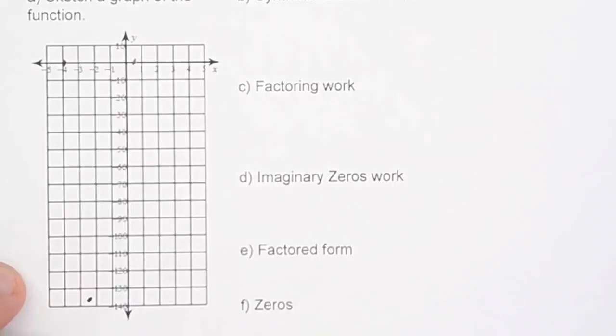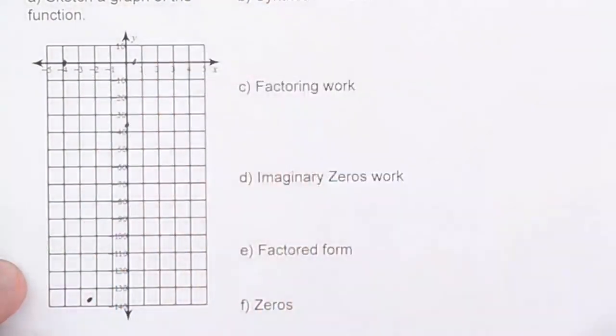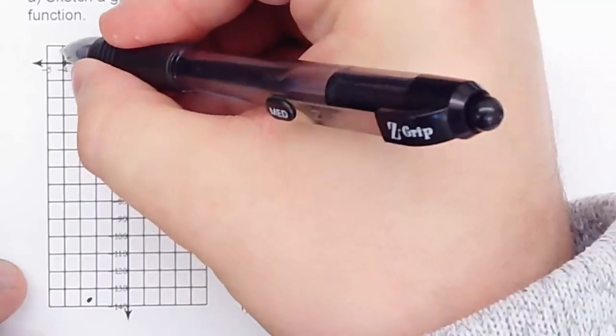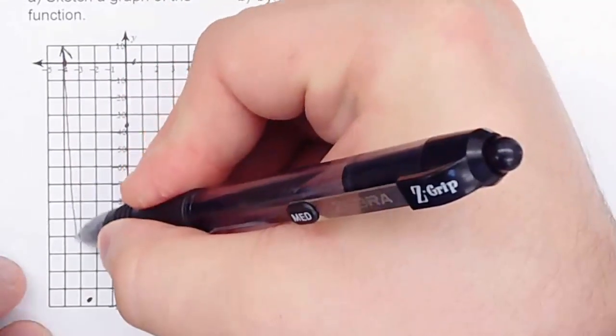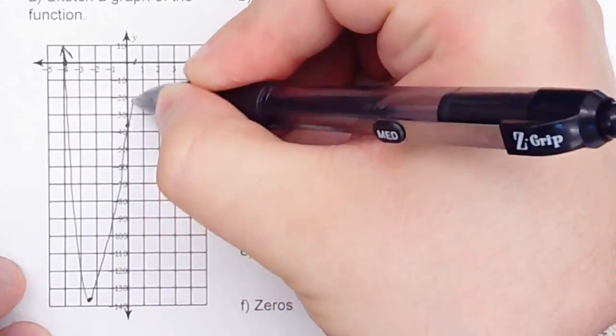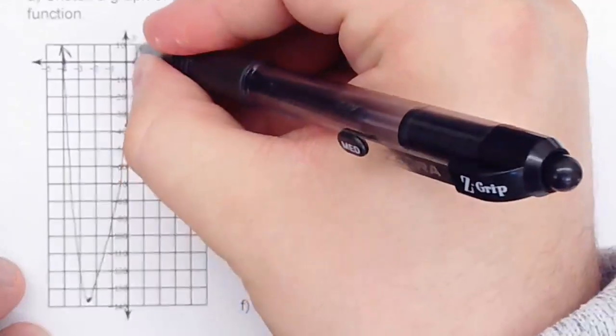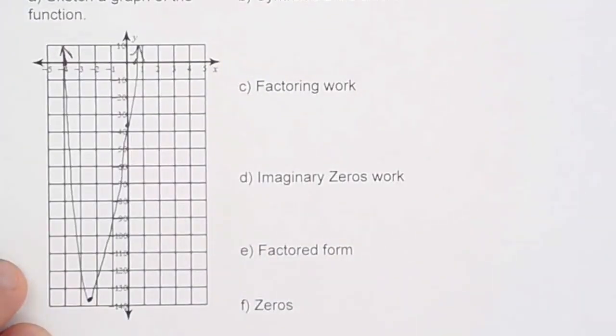So on my graph, I think we're somewhere in here. So it looks like I've got a graph that's going through and looking like this. And again, it's not perfect. This is just a sketch. We're going to really dive in here in a second to look more at these.